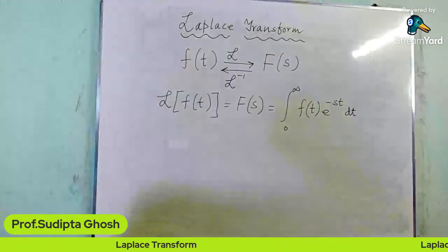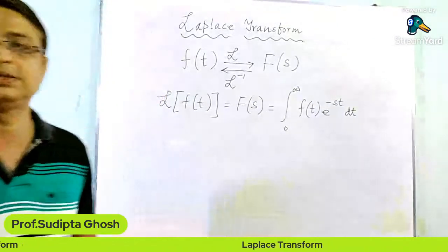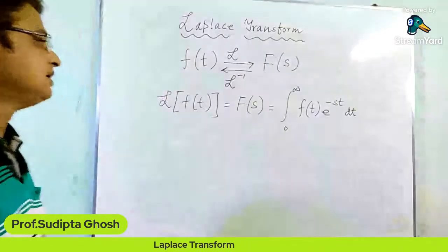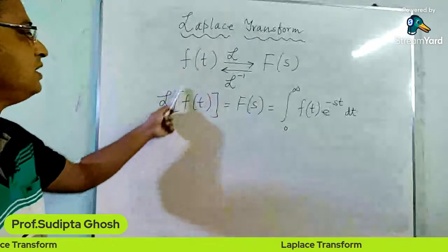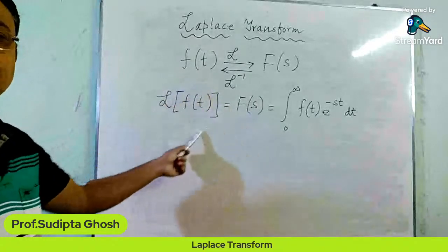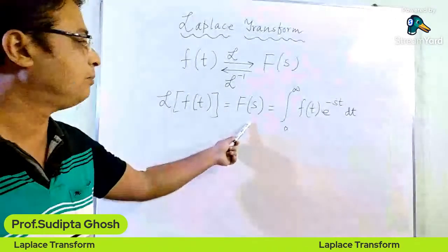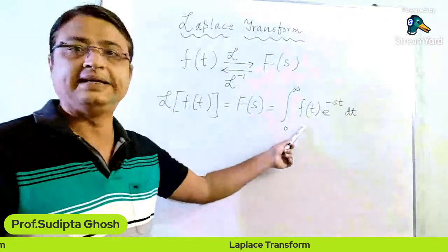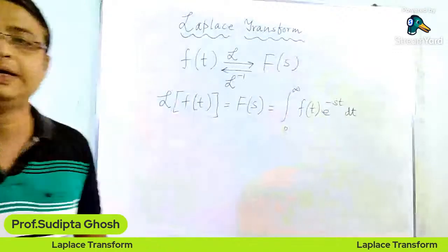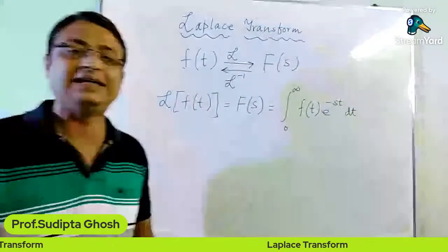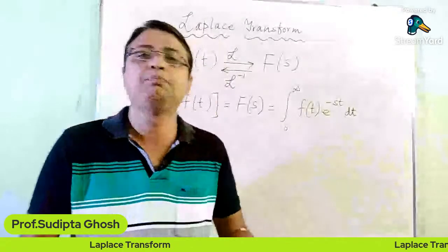Now we are considering only the Laplace transformation initially. The Laplace transformation of any function which is given in its time domain form can be converted into the frequency domain form, and it is the integral from 0 to infinity of f of t e to the power minus st dt. First of all, the functional form of f of t should be given to us.